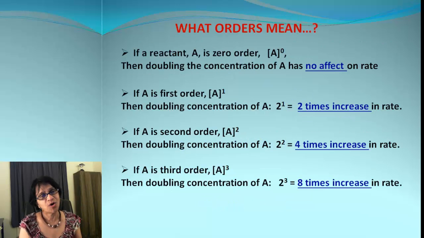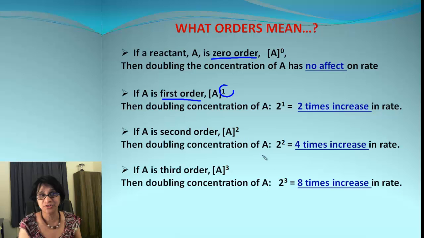So what exactly do orders mean to us? If with respect to A the order is 0, that means if you double the concentration it will have no effect. If the order is first order, or equal to 1, then it will be 2 to the power 1, which is 2 times.